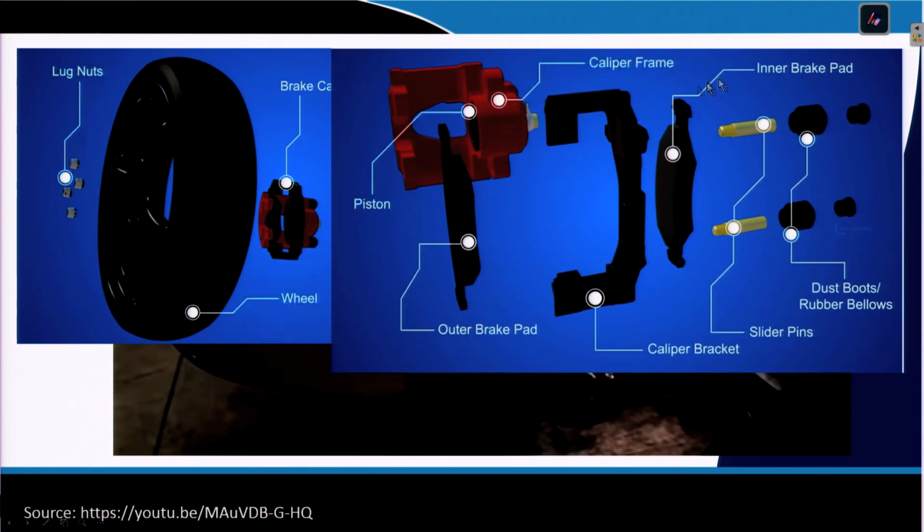You can see the different components: the outer brake pad, on which there is a caliper frame, and within this the caliper bracket.